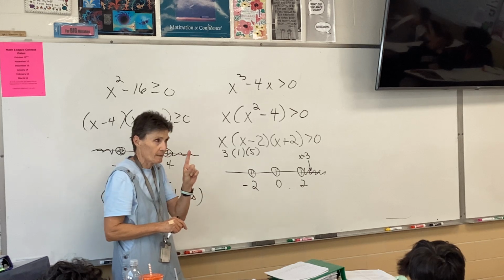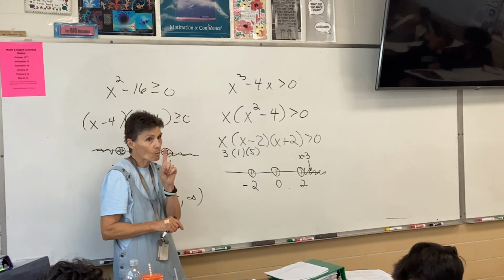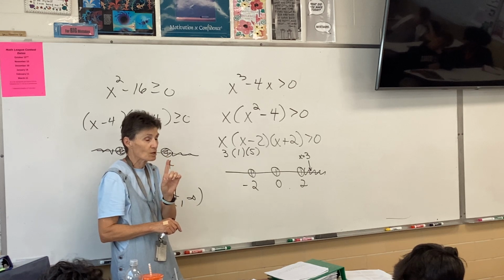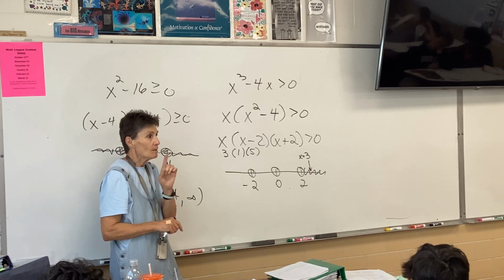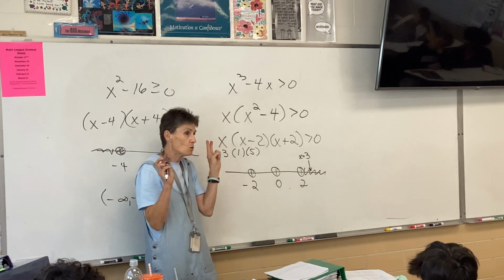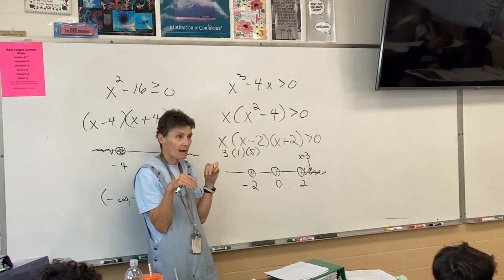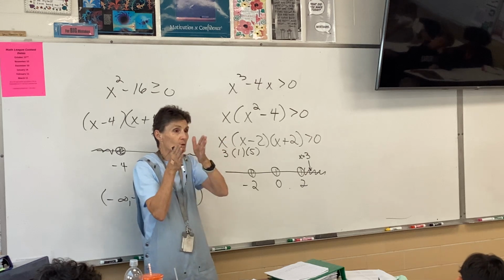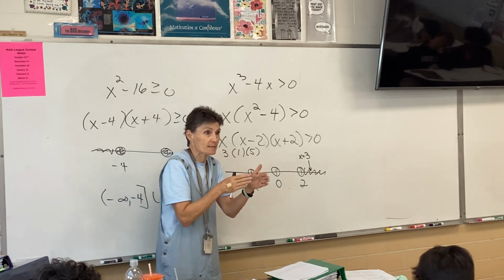But there's a shortcut, okay? It doesn't work all the time. I'll tell you when it doesn't work. But the shortcut is this, and we have learned this last year. The shading in a normal problem, and I'm going to tell you what's abnormal, but in a normal problem like this, the shading will always alternate.